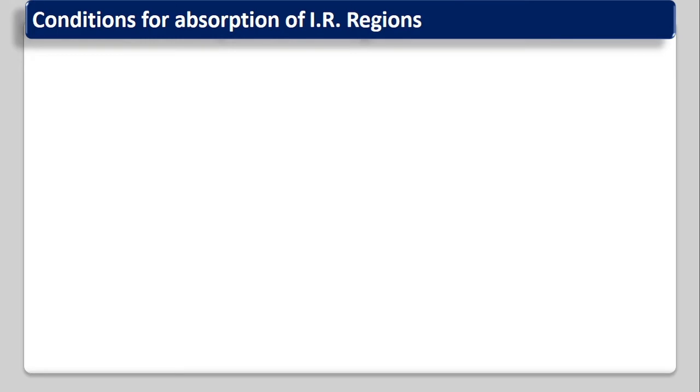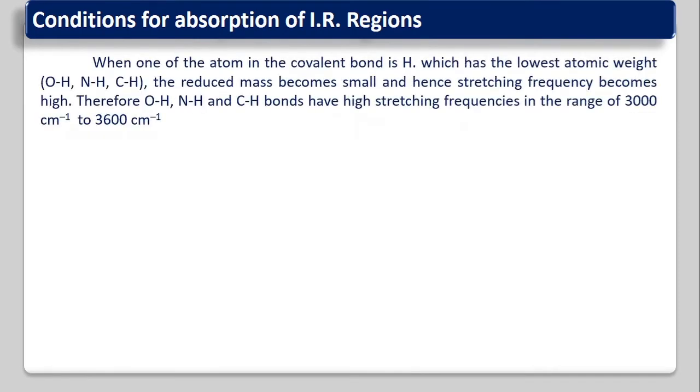Friends, now we'll see the applications of Hooke's law while calculating the IR frequencies. When one of the atoms in a covalent bond is hydrogen, which has the lowest atomic weight, then for OH, NH, CH bonds the reduced mass becomes very small and hence the stretching frequency becomes high, as the stretching frequency is inversely proportional to the reduced mass.